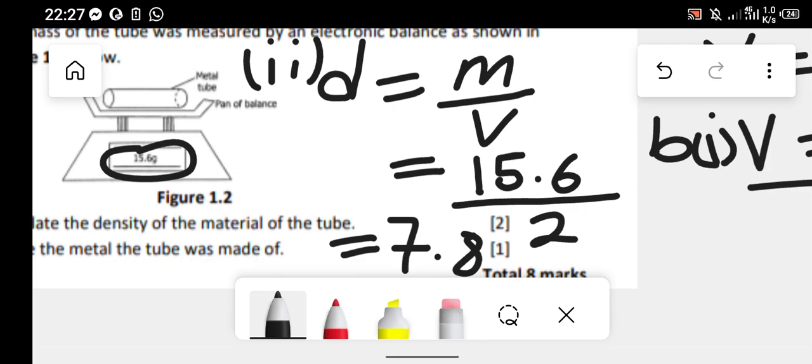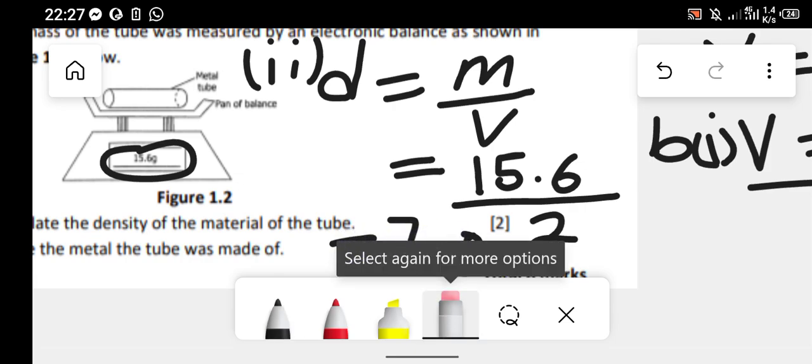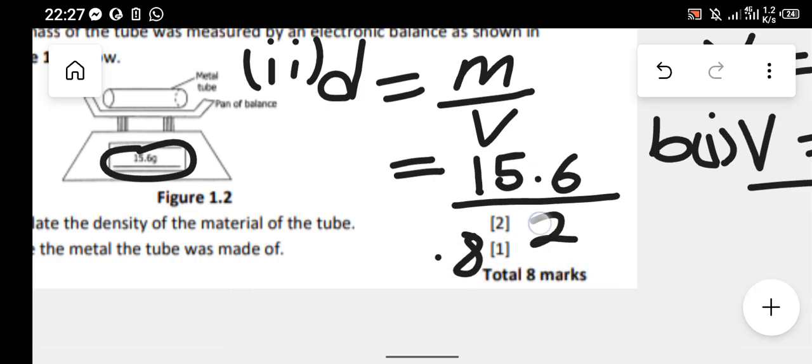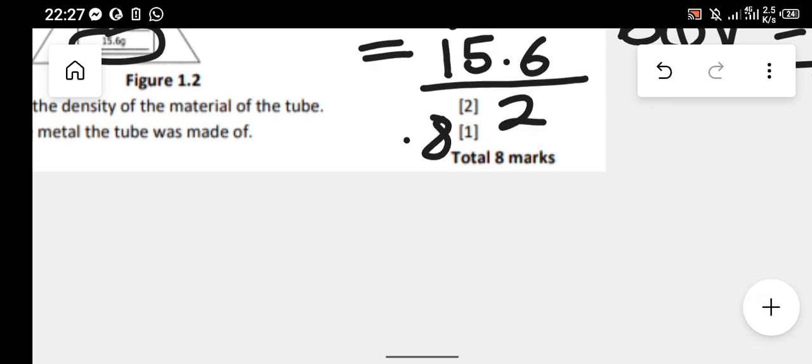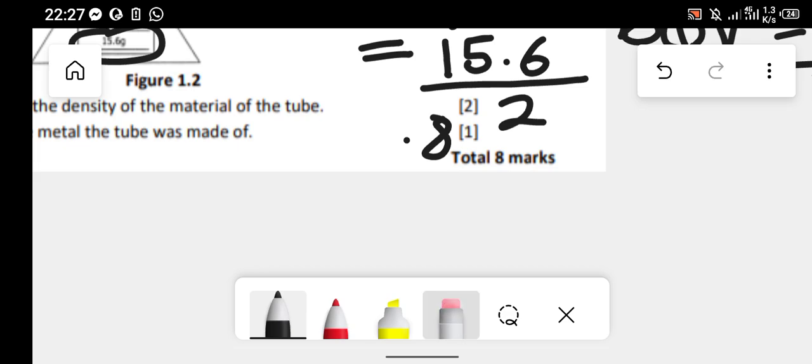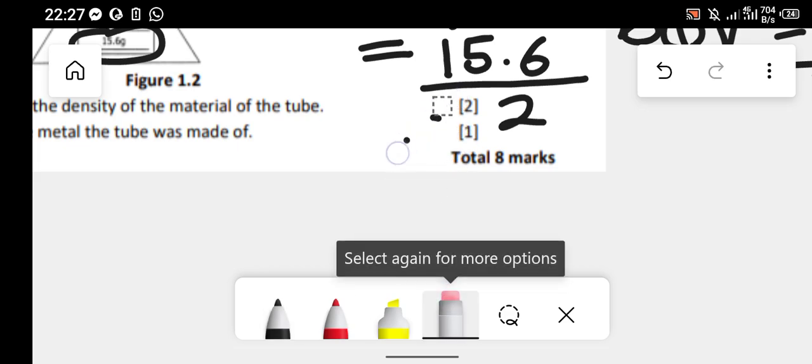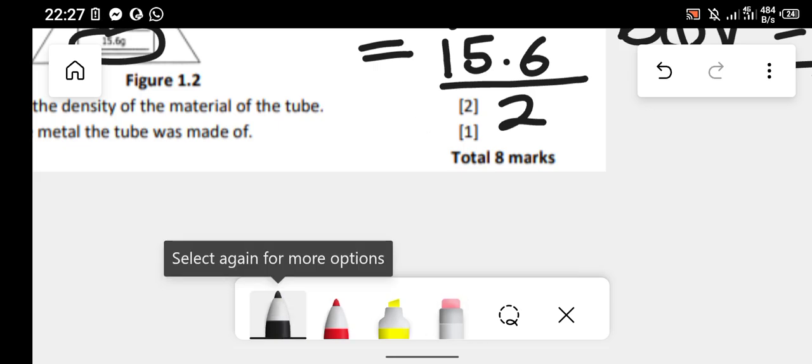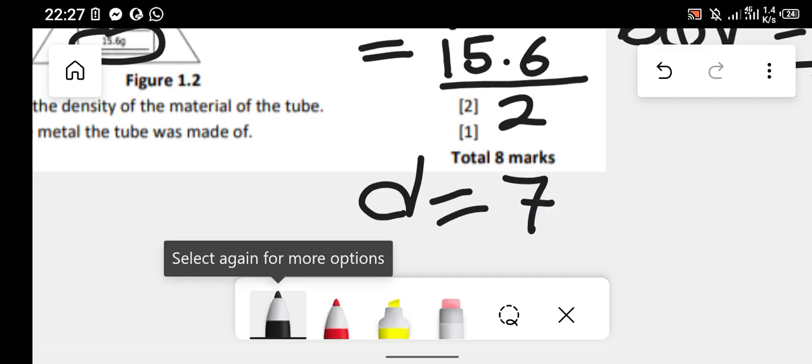Okay, we have this, right? So for us to find the density, we know we have to divide 15.6 by 2, which is going to give us 7.80.